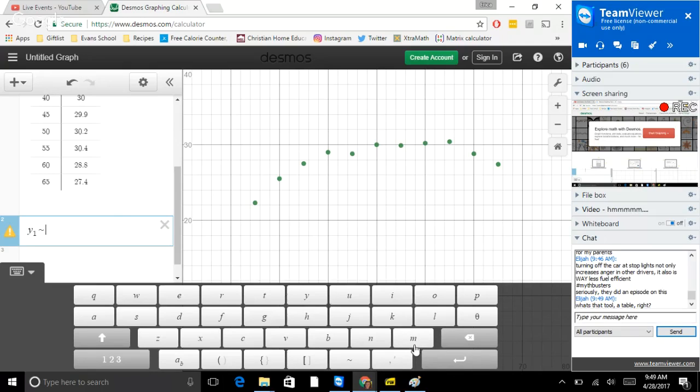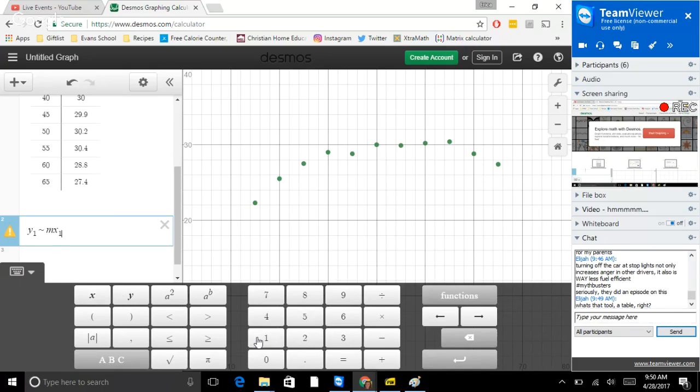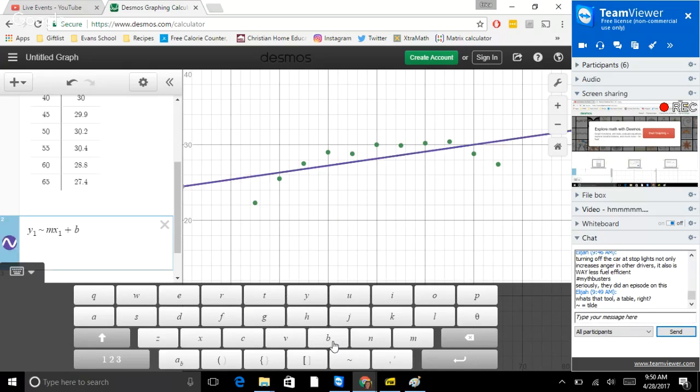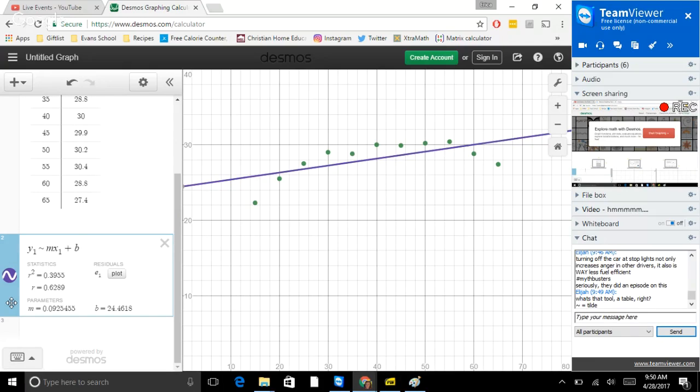So let's start with our simplest equation. What's the equation of a line? y equals mx plus b. Is that what that's called, Elijah?